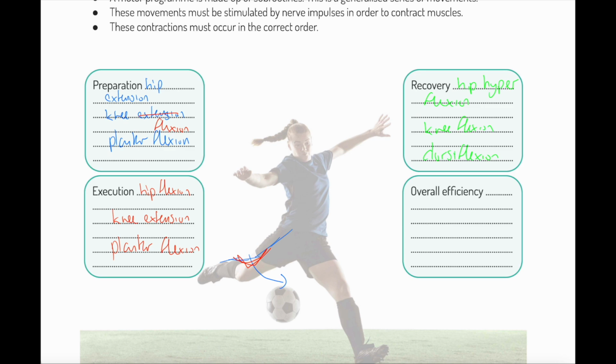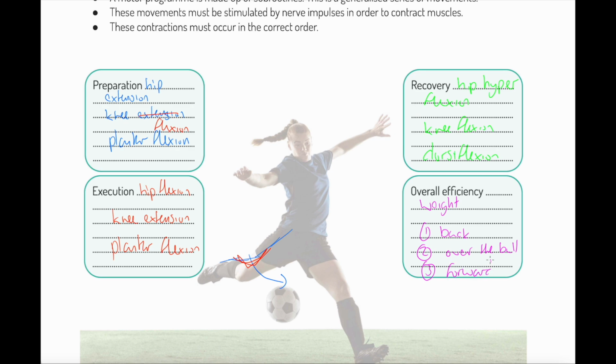And then finally, folks, let's go to here. Overall efficiency. I'm going to talk here about things like weight transfer. So in phase one, which of course is the preparation, we've got the weight back. Then in phase two, the execution, we've got it over the ball. So the center of mass is over the ball. And in phase three, we've got it forward.